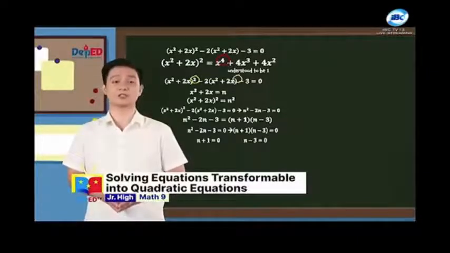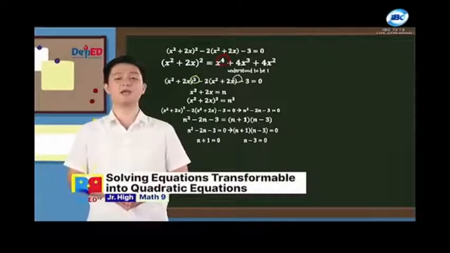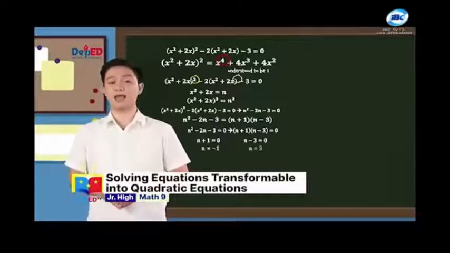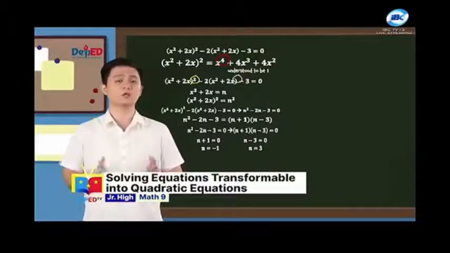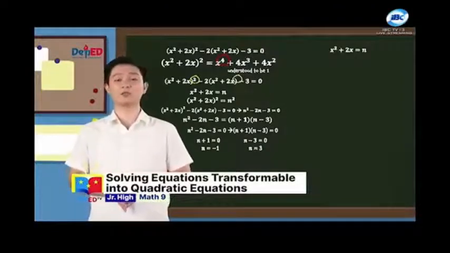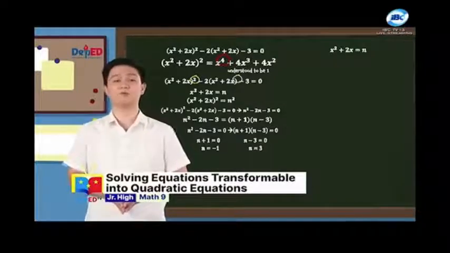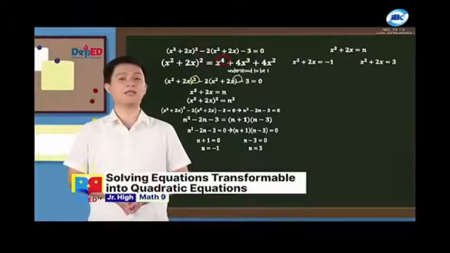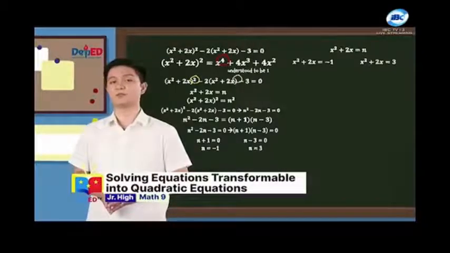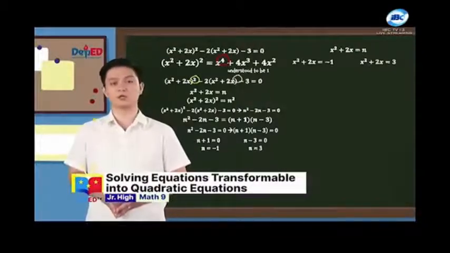Equating each factor to 0 and then solving for n, we must get that the values of n are negative 1 and 3. Now, recall that we let x squared plus 2x be equal to n. Therefore, by substitution, x squared plus 2x must be equal to negative 1 and 3. So we have to solve these two equations.